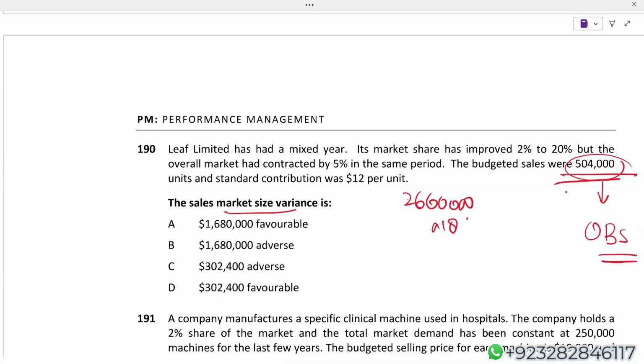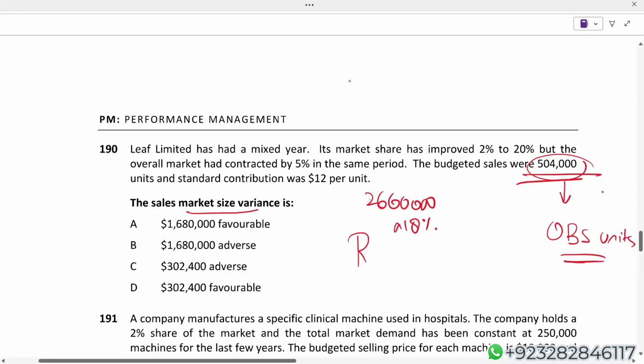So according to the standard, now I should be having 18% of the new market size. So the revised budgeted sales units are 4,78,800. Of course, the variance is going to be adverse because there's a decline in the market size.